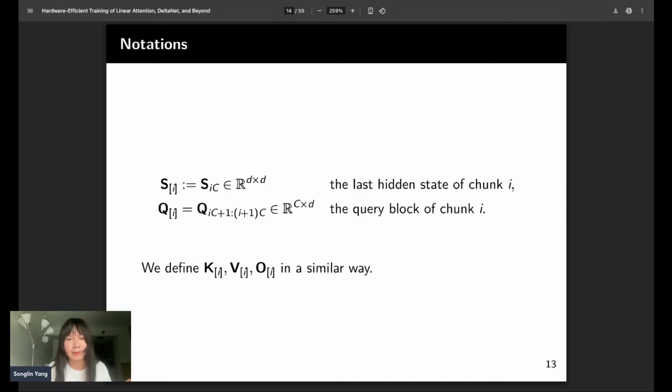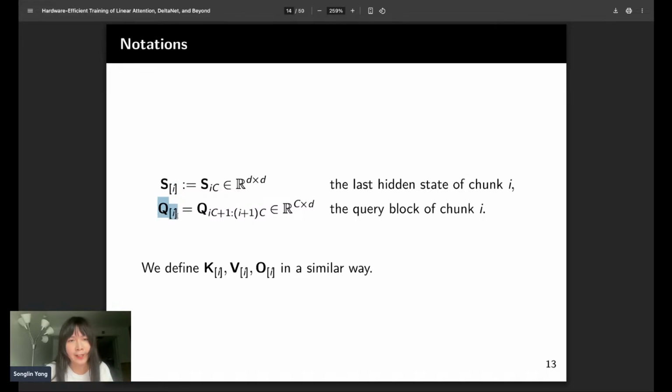To formulate it mathematically, we have several notations. First, this is the chunk-level hidden state, and we use this subscript with bracket to indicate the index of the chunk.